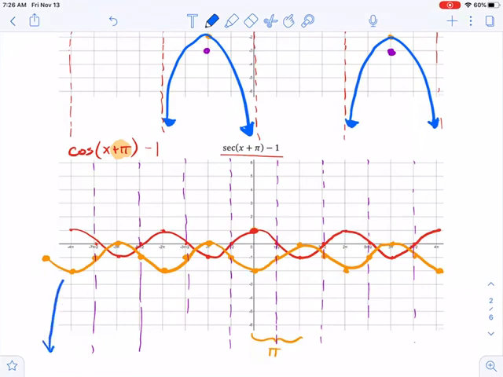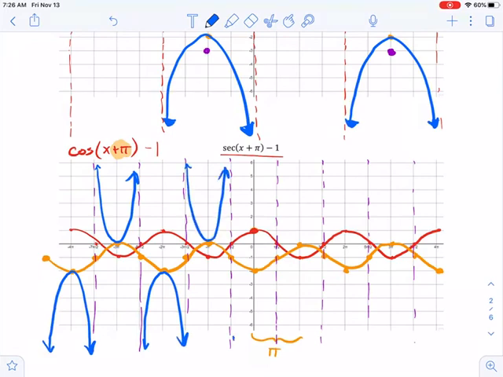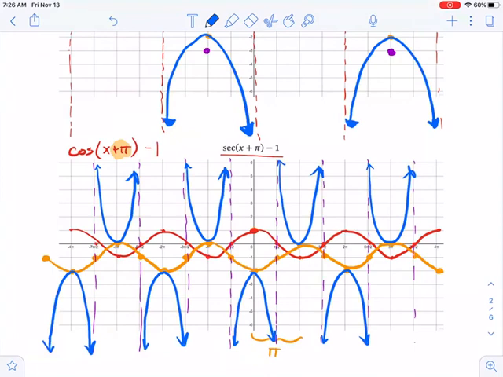So this guy's going to come up, touch, come down, touch, go up, and then so on and so forth, and complete that graph. All right, so that blue line is the graph of secant of x plus pi minus 1.